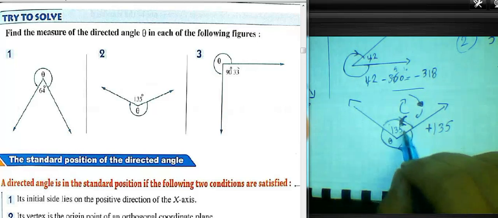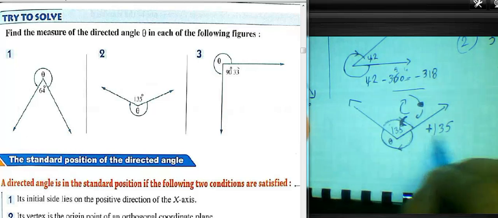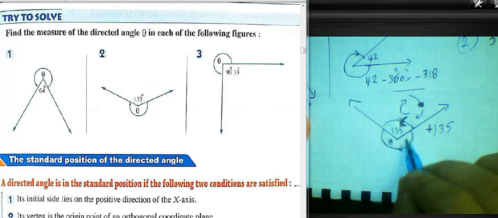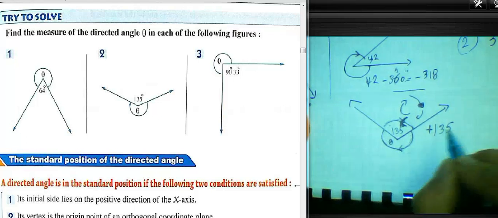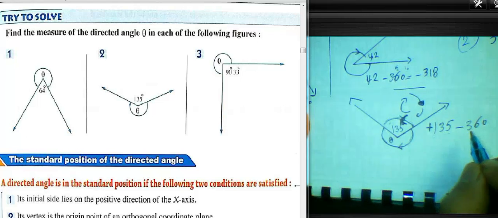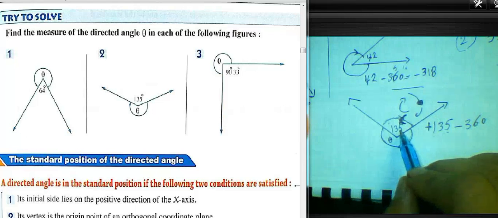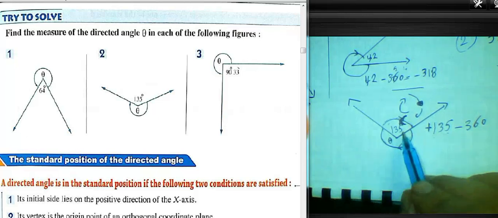So we can find here positive 135, and this direction with clockwise, so we will put negative 360. It's easy for you. Again, we must write the angle, and you must determine the sign of this angle.